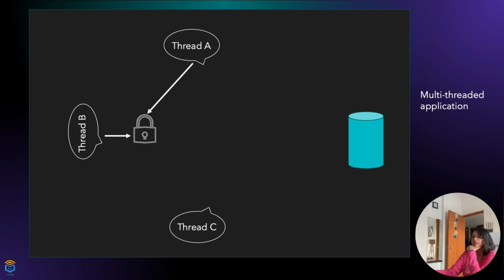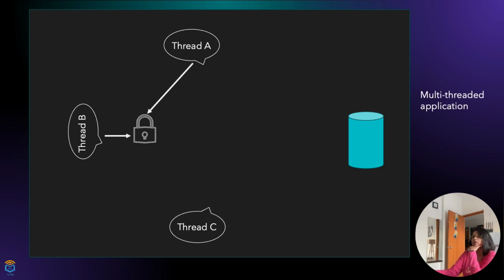We will keep a lock in front of that database object so that whenever a thread wants to access the object or create it, it will have to fetch the key to that lock. So at any point of time, only one thread can pass through this lock, not more than one thread.